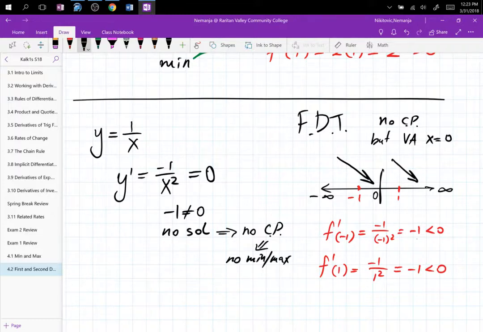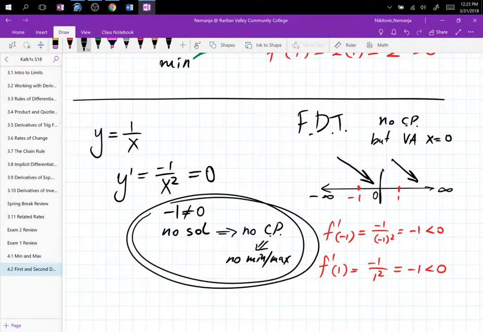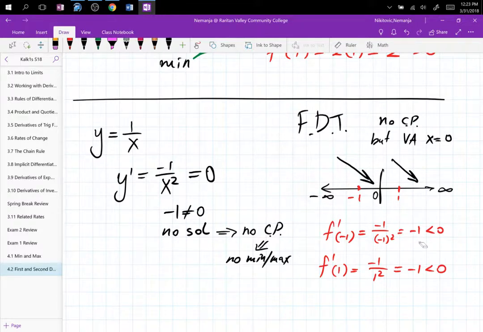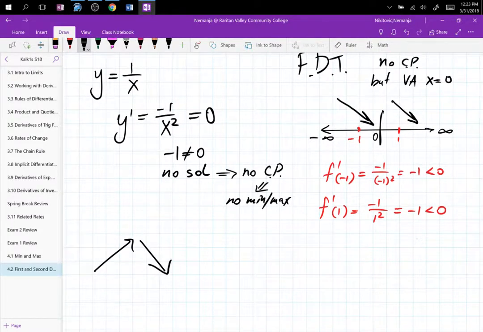Do we see from the diagram that there is no min or max without even knowing this? We do. Because the max occurs when you have this situation, and the min occurs when you have this situation. And that's not the situation we have. Now, luckily we know what 1 over x looks like, so we can quickly just visually confirm that.